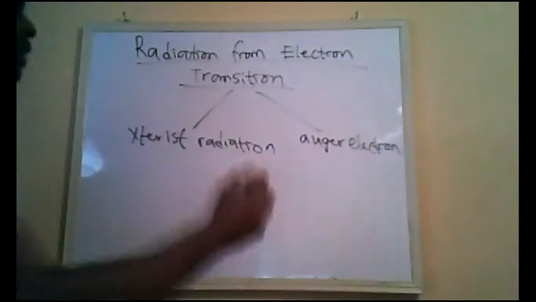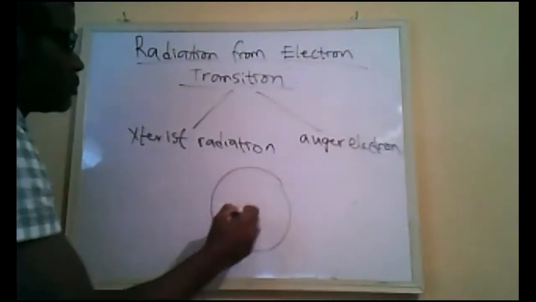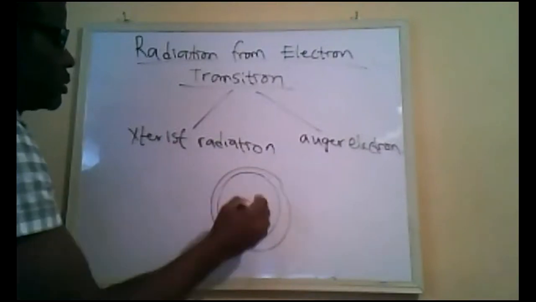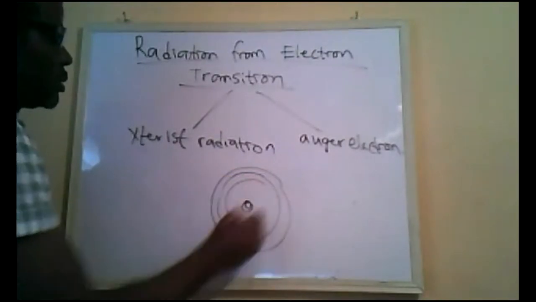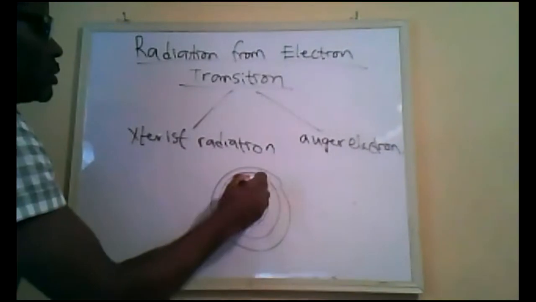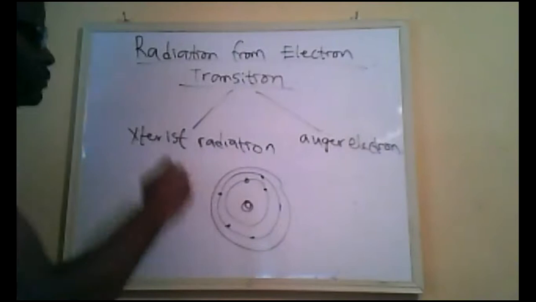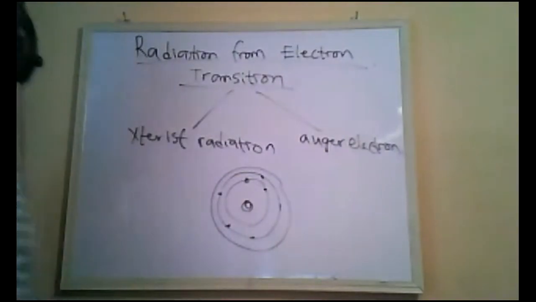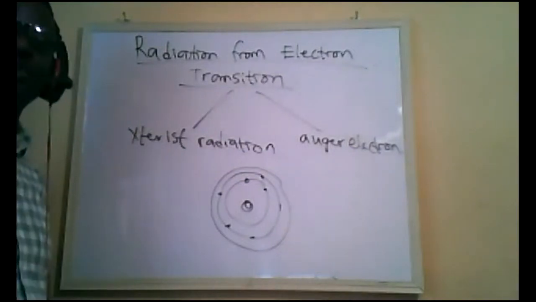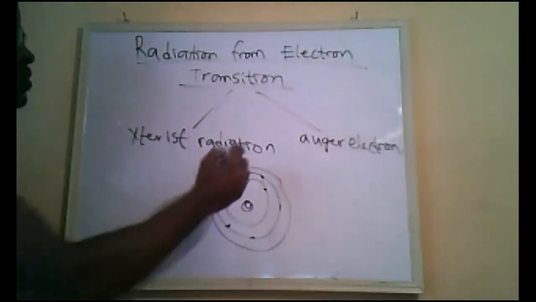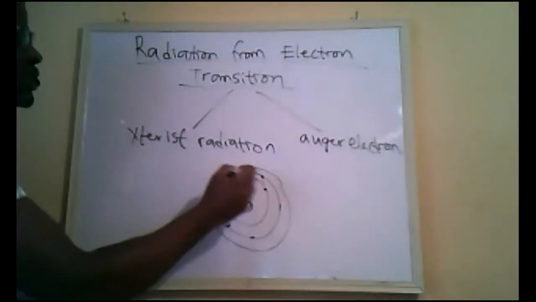How do I mean? You have an atom with so many shells. You have energy coming maybe by way of a photon, X-ray, or particles, it could be charged particles like a proton, positron, and so on. It interacts with one electron here.